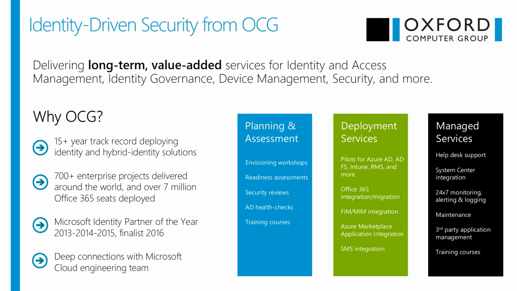Been doing this for quite a while. Over 700 projects delivered around the world. As you see, we've multiple times been Identity Partner of the Year winner for Microsoft and finalists. And we are based here in Seattle and have really good connections with the product group, and it helps us bring solutions to people.